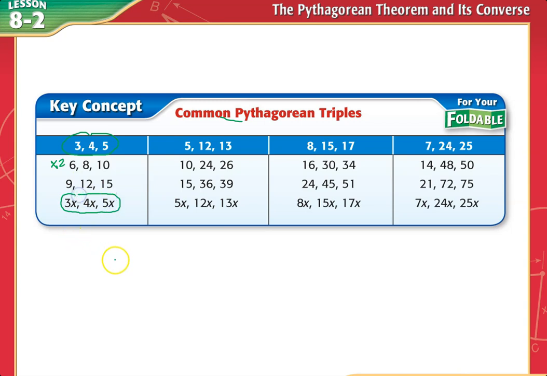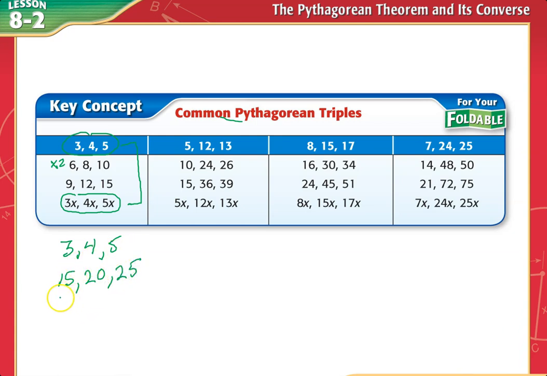And then basically, it's just 3, 4, 5, the original sides, multiplied by any positive integer, would give you another Pythagorean triple. So if we had 3, 4, 5, I guess we could multiply by 5, and we get 15, 20, 25.